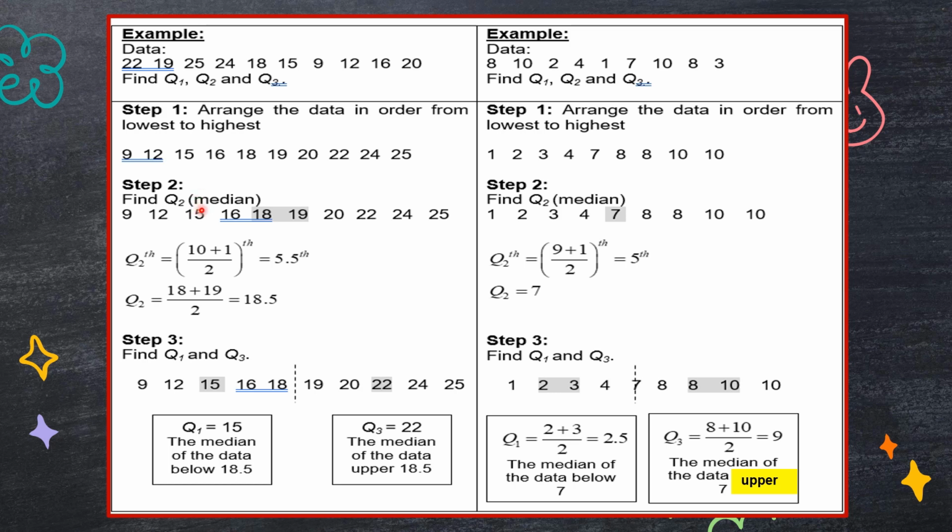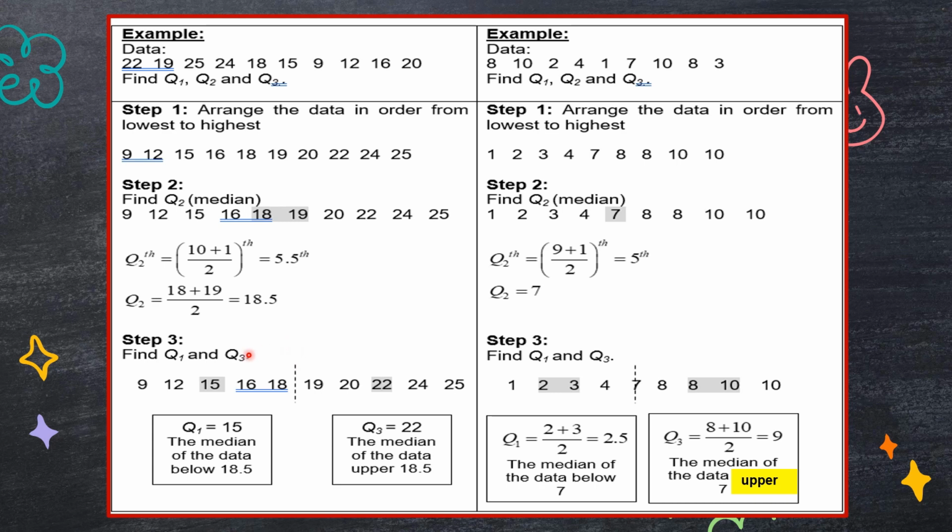If you still remember from the previous lecture, to find the median you need to find the observation with the formula n plus 1 over 2. So, the median is at the 5.5th observation. That means it is in between the 5th and 6th data. Then, the median is equal to 18.5.